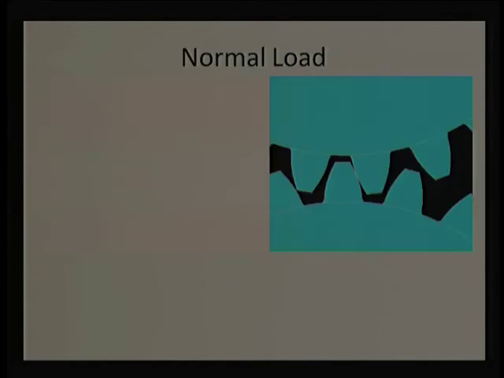Now, we use the word normal load Wn. The question comes, what is this Wn? Say this is a gear pair. Any surface perpendicular to that should give me the normal load, something like this. This is Wn. The question comes, how to find out from where this figure will turn out? What is the mechanism?